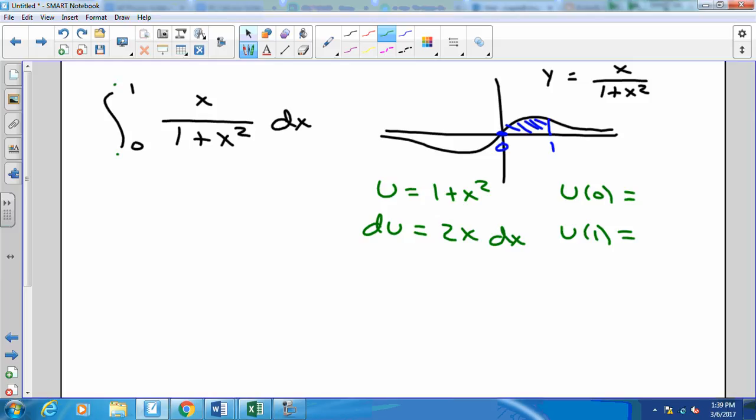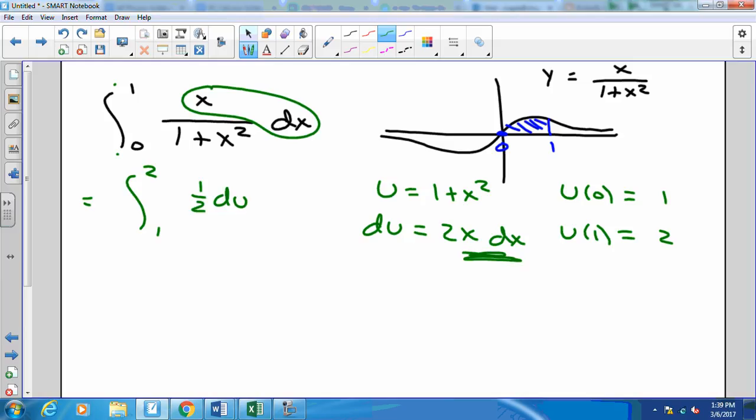And what is u of 0 equal to? And u of 1? Yep. So that my integral now transforms to the integral from 1 to 2 of 1/2 du over u, since x dx is the same as 1/2 du, and 1 plus x squared is u.